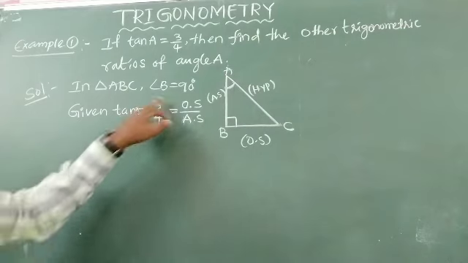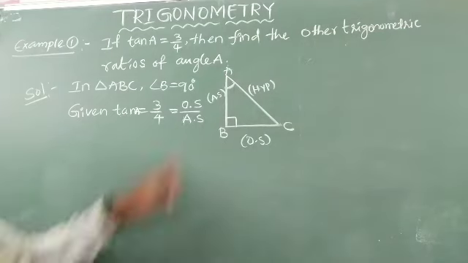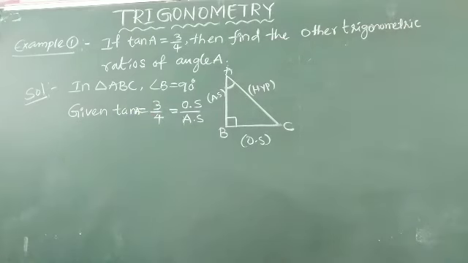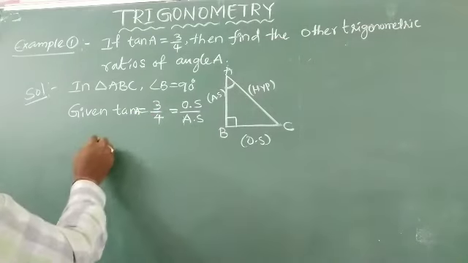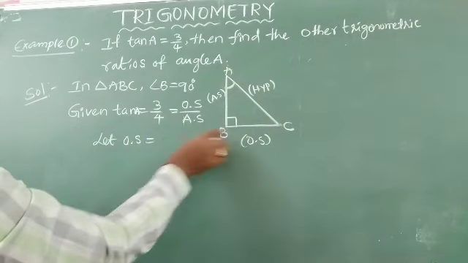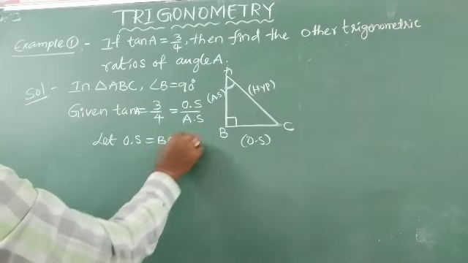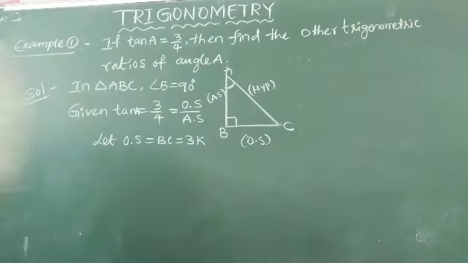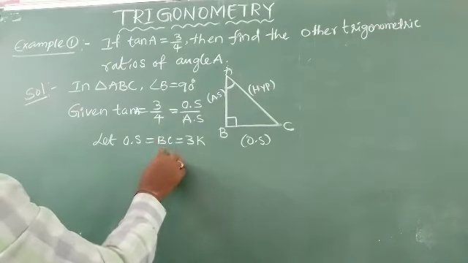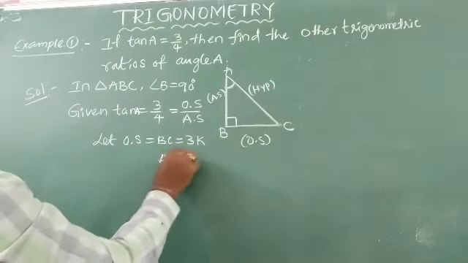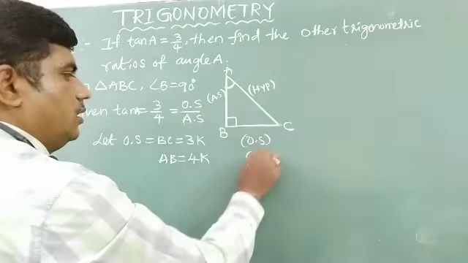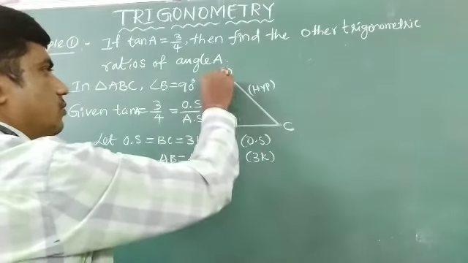So let the opposite side BC be 3K, for some value K. Then the adjacent side AB is 4K.